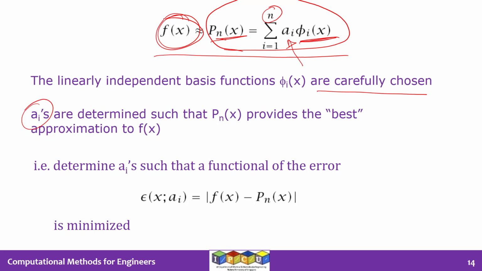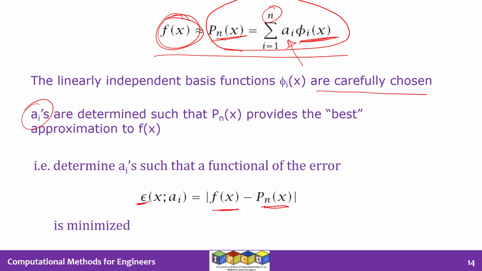And once you have determined n, then you can determine the values of ai such that the error epsilon is as small as possible. Again, it's the idea of least squares. So we are looking at the true function minus the approximation.